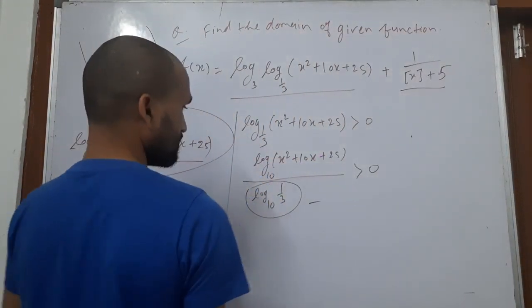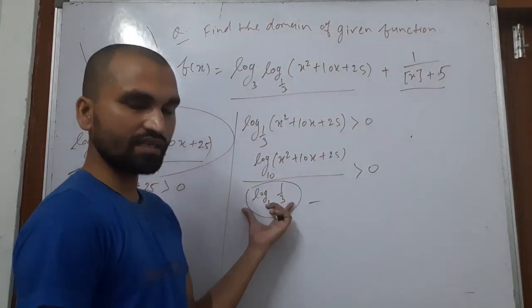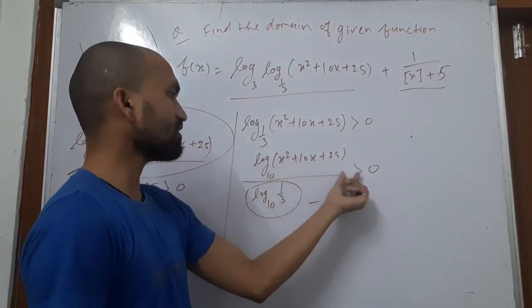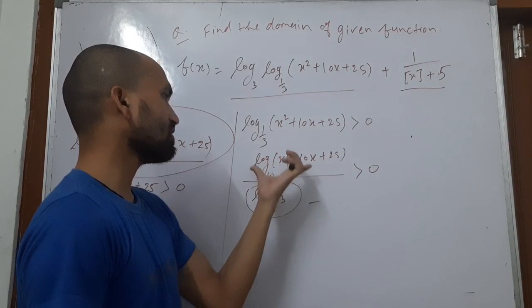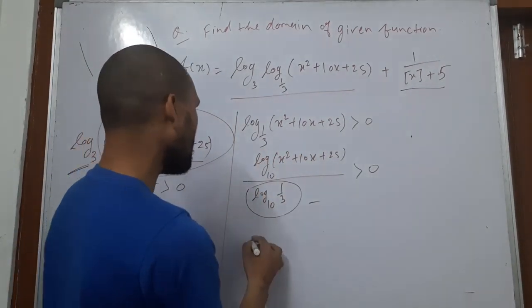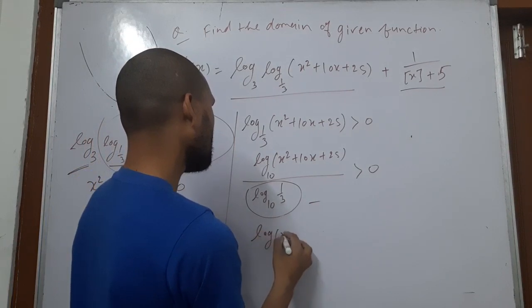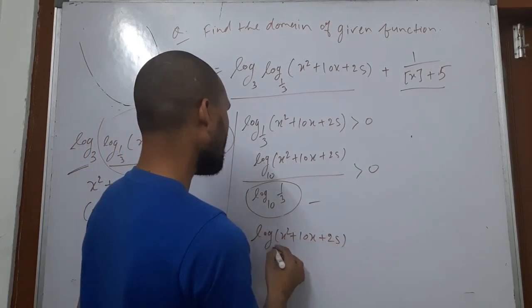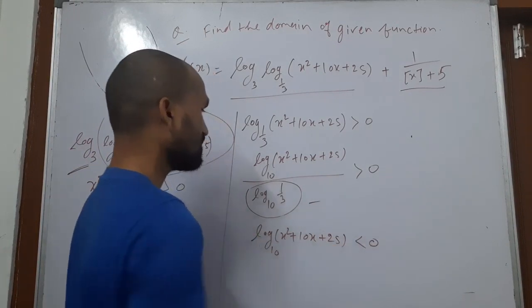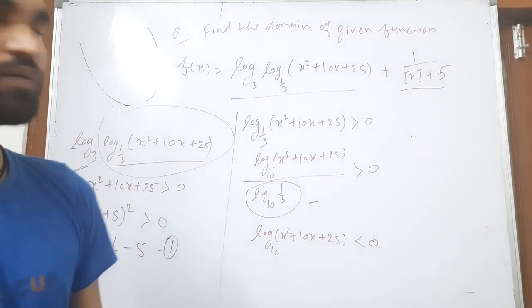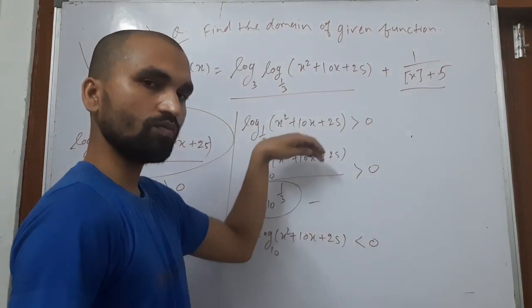Log 1/3 is negative, so for the whole value to be positive, this should also be negative. So log of x square plus 10x plus 25 at base 10 should be negative, because if the denominator is negative, then the numerator should also be negative for the whole value to be positive.